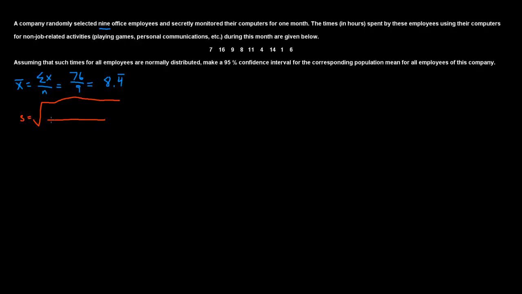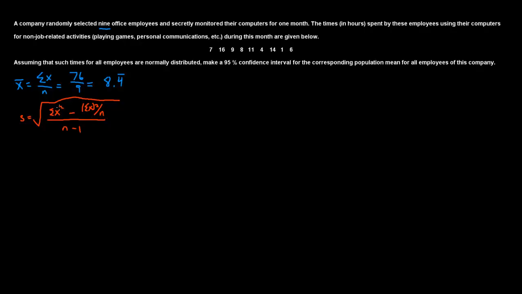We use a shortcut formula in our book, and the shortcut formula is the square root of the sum of the x squareds minus the sum of x, squared, over n, and then we divide that entire thing by n minus 1.